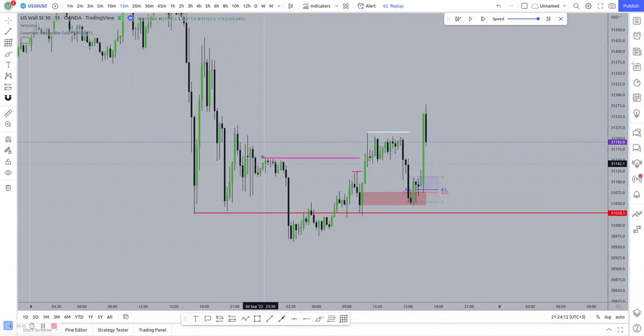Yes. Remember, I have two types of models that I use, one for long-term trading and one for short-term trading. This is short-term, but you can see in my short-term trading, I can also get 1:6, 1:7, 1:8.